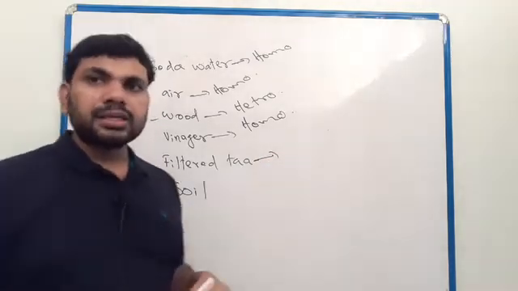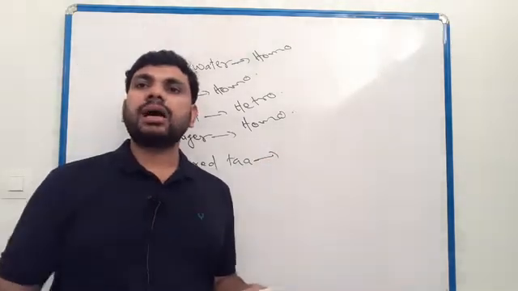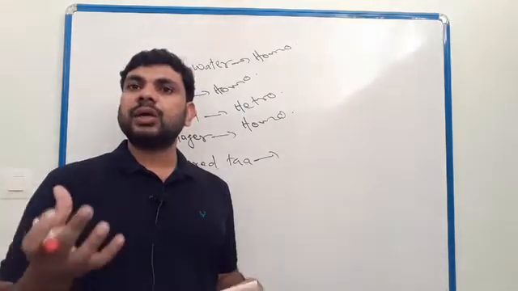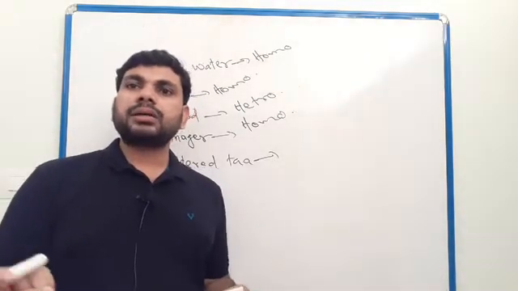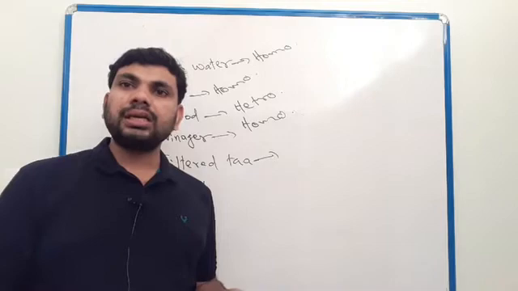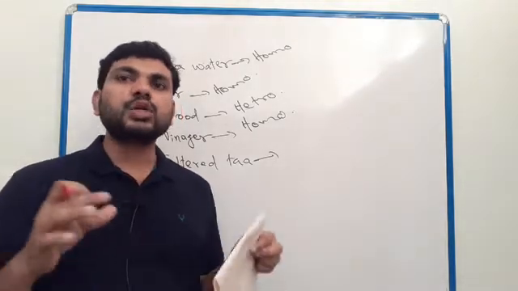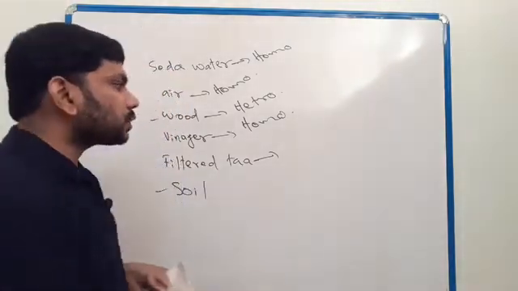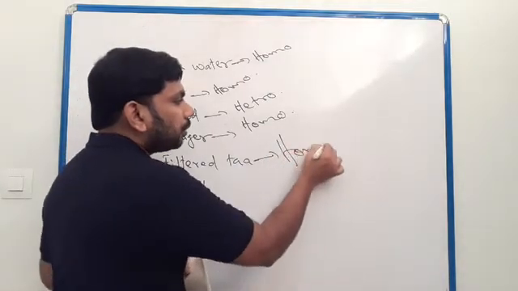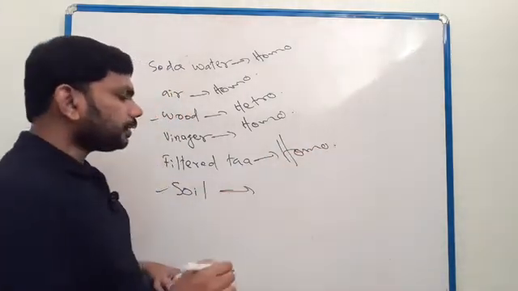Filtered tea. Tea, we know tea leaves are there. After filtration we will get clear tea. Okay, there is red tea, sugar, everything dissolved uniformly. So it is also homogeneous mixture.